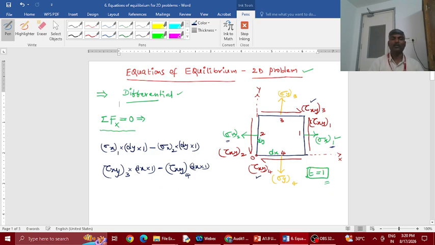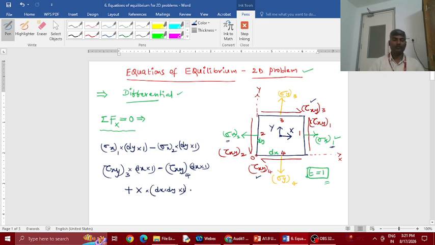So these are all the stresses that are acting on the faces. Let us imagine that there is a body force for this element, and the body forces are, let us say, X and Y. So the body force, I write plus X into the volume, dx dy into 1.